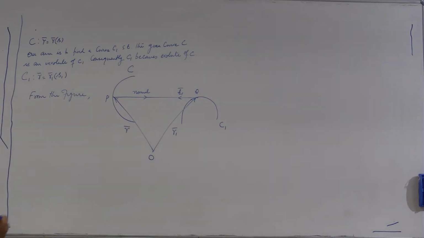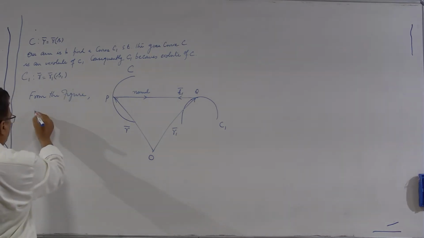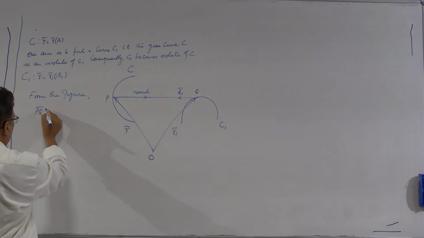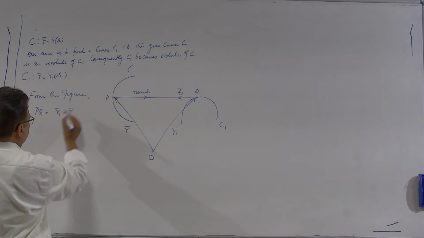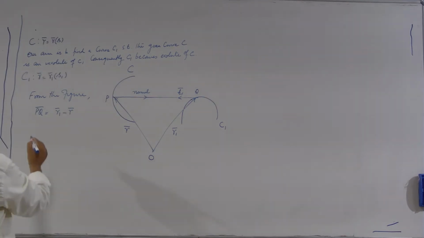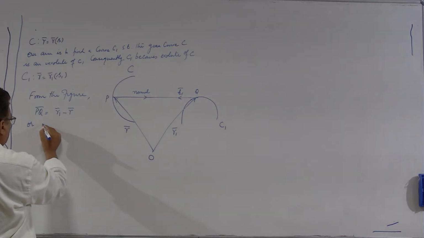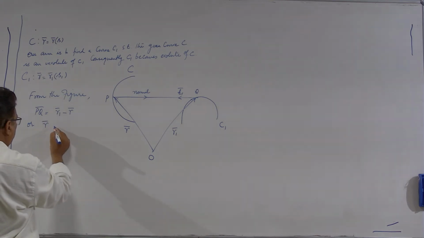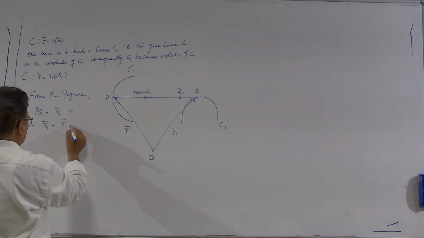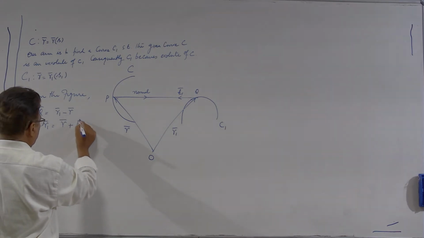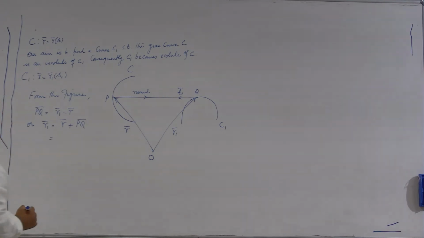All right. So, from the figure, you can see that vector PQ is equal to R 1 minus R, or I can say R 1 equal to R plus vector PQ, and according to the hypothesis, PQ is a normal vector.